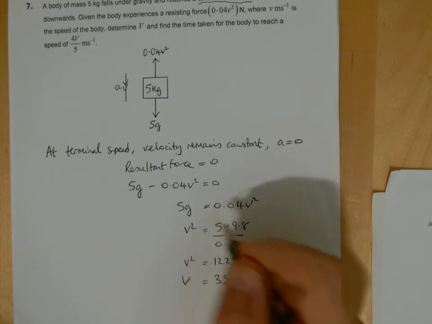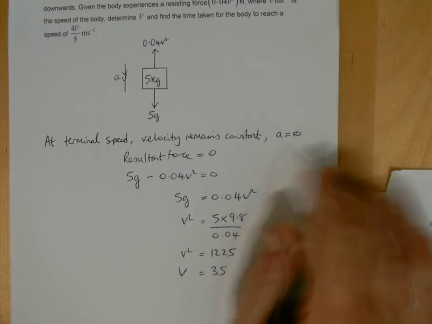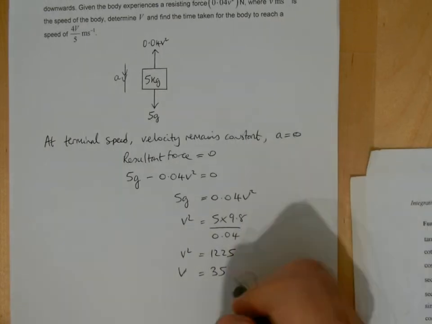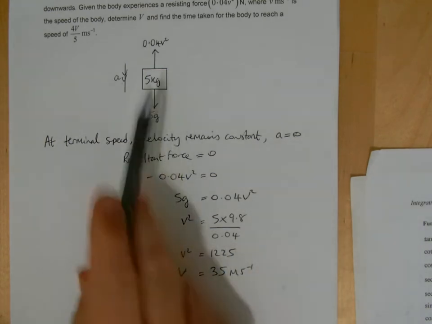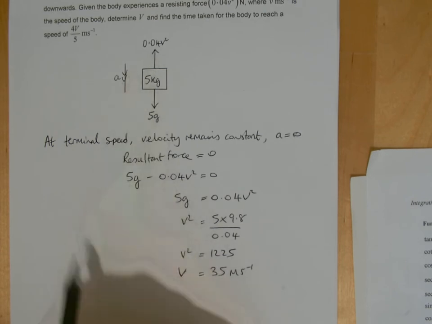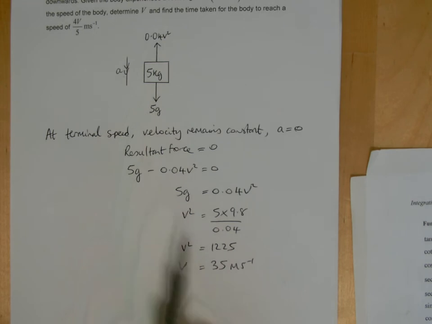So in other words, its terminal speed is 35 meters per second, its final speed. It can't get any faster than that. And that's when the forces were balanced. The up forces were balanced with the down forces, and we've been able to work out v there to be 35.